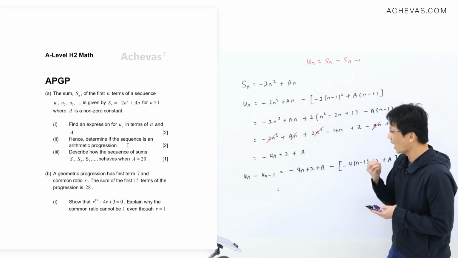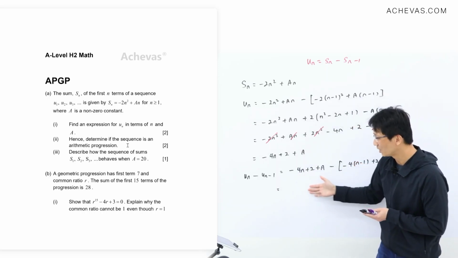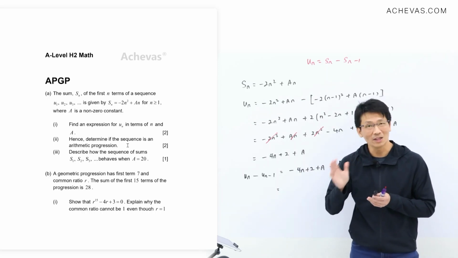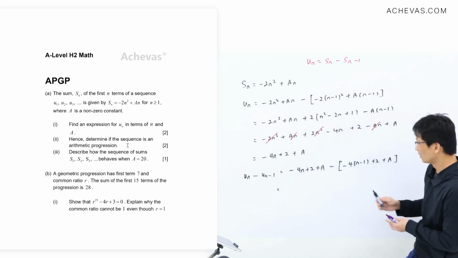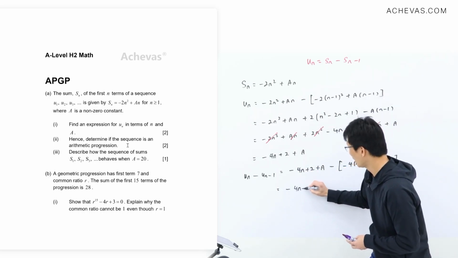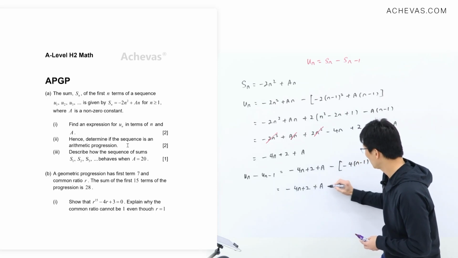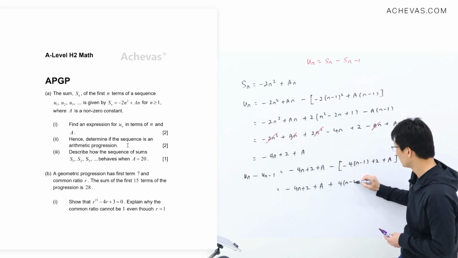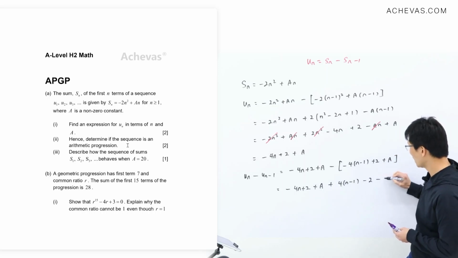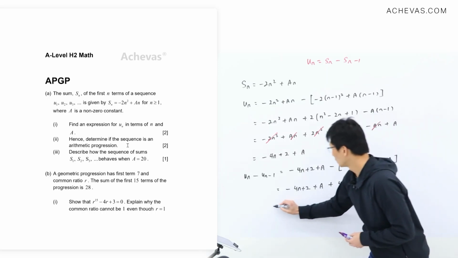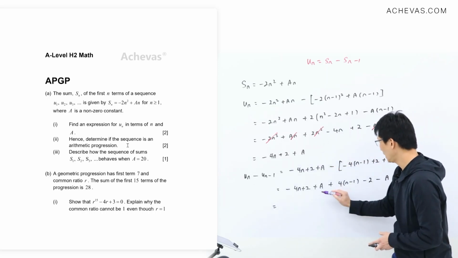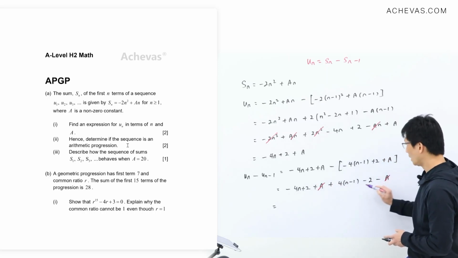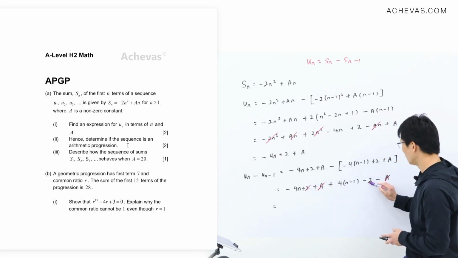That means this entire expression should be independent of n. So I will get minus 4n plus 2 plus a, multiply the minus in, plus 4 times n minus 1, minus 2 minus a. I can see the a can be cancelled away.